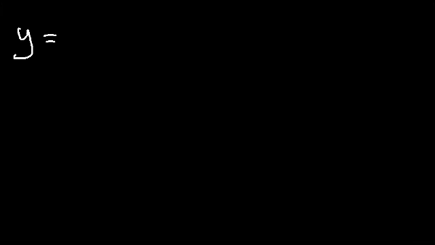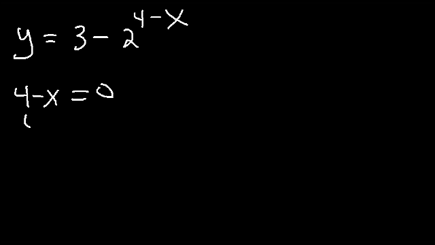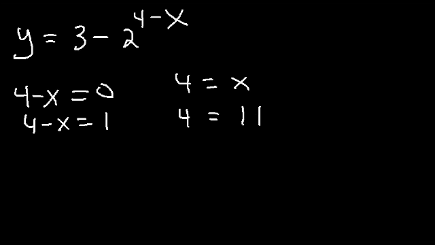So now let's say you have a graph that looks like this: 3 minus 2 to the 4 minus x. Try this one. So let's set 4 minus x equal to 0 and 1. If we add x to both sides, 4 is equal to x, and for the other one, we have 4 is equal to 1 plus x.